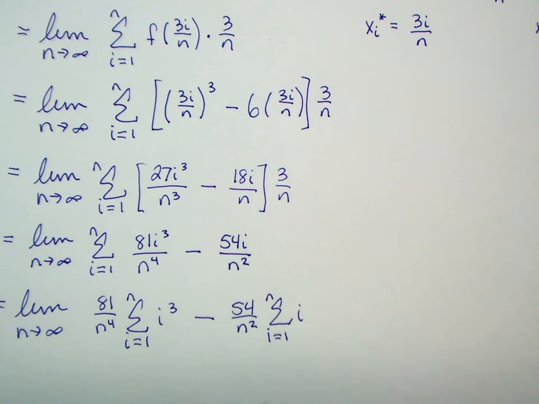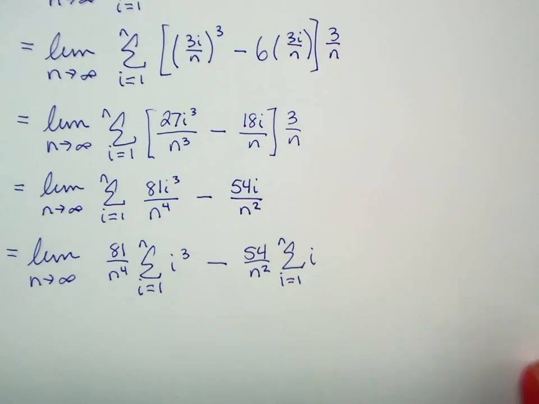Right? So we have those formulas, right? The formula for i cubed is a known sum, and we did that in the appendix F. The sum of i is a known sum. So I'm going to replace that summation with its formula.